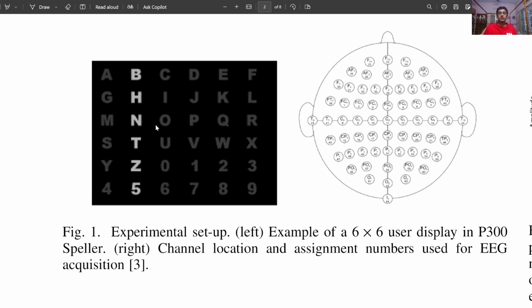And how this works is, if a person focuses on a row or a column which flashes, so let's say I was focusing on N and this entire column flashed up as it is in this snapshot, then after 300 milliseconds, a spike is expected to be seen on the EEG signals of our brain.